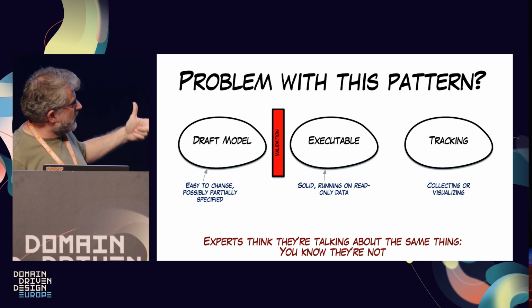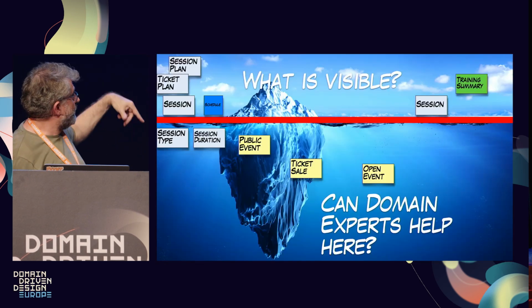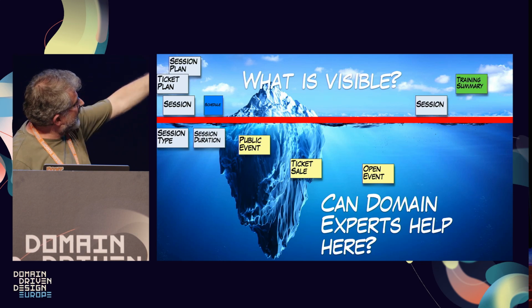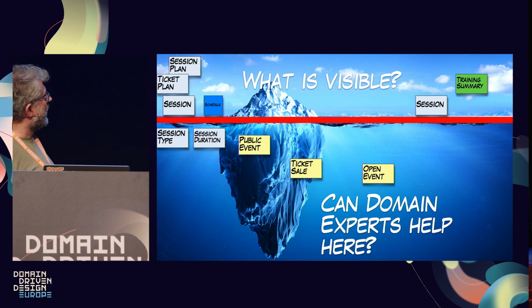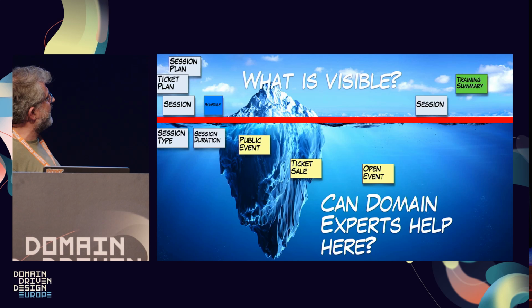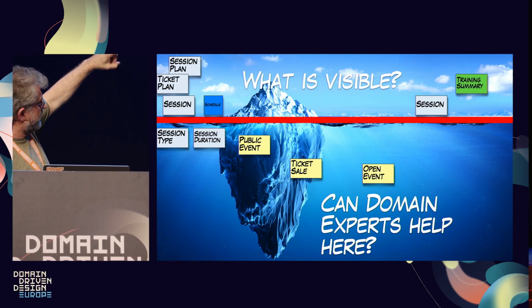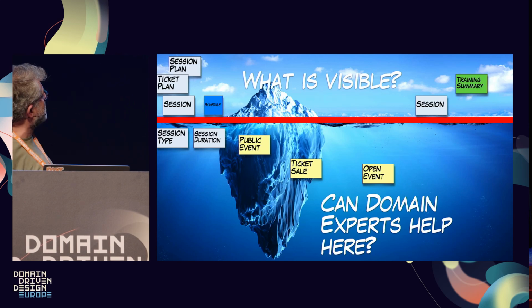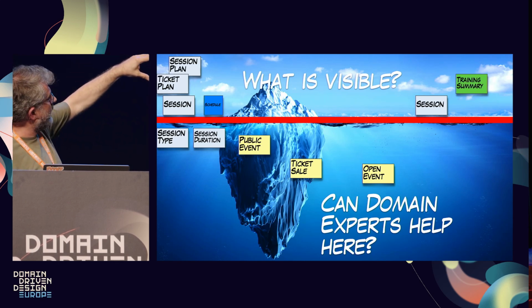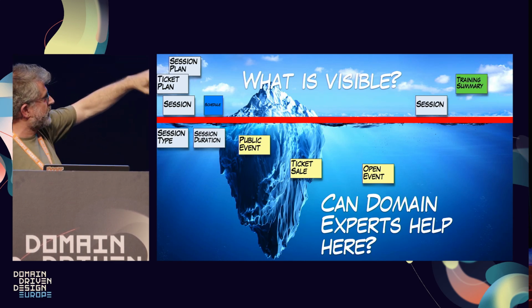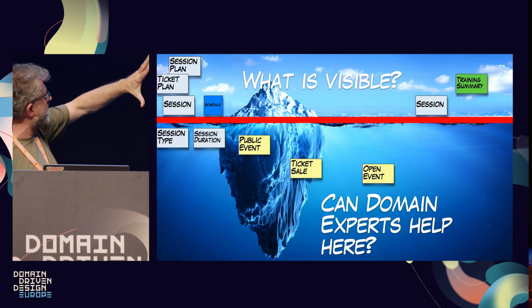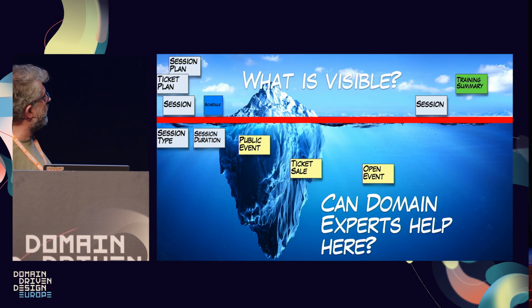In terms of visibility, I never mentioned that the meaning of this red line is, this is clearly an iceberg: what you see and what you don't see. This is also the separation of responsibility and my attitude towards the domain expert. I'm really happy to have any conversation to detect what they need for their purposes on the visible part.